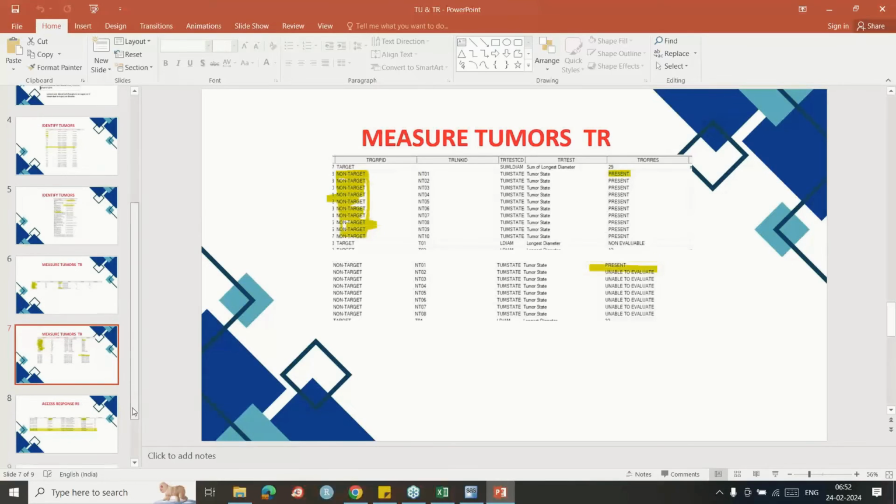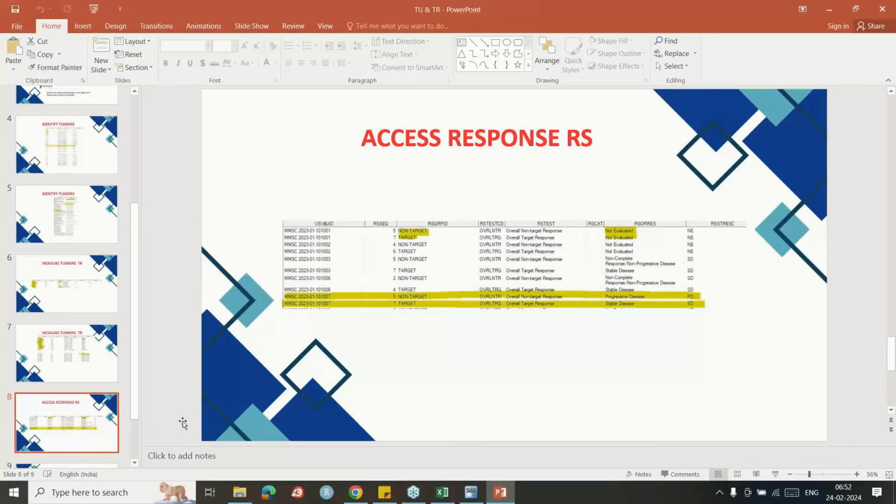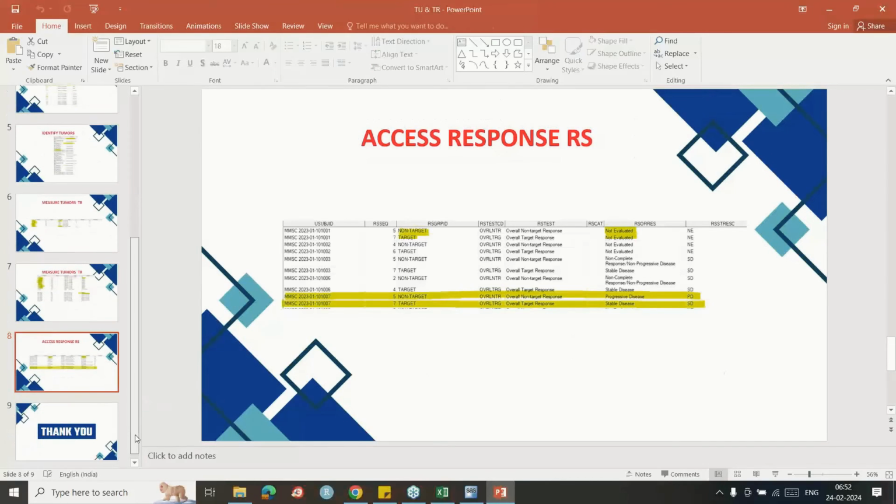Okay, so once we get this information, what type of response is given by using our drug, that is captured in the RS domain, that is the response domain. So three domains, TU, TR, RS are the interlinked domains. The RS domain will show which type of response it is giving.